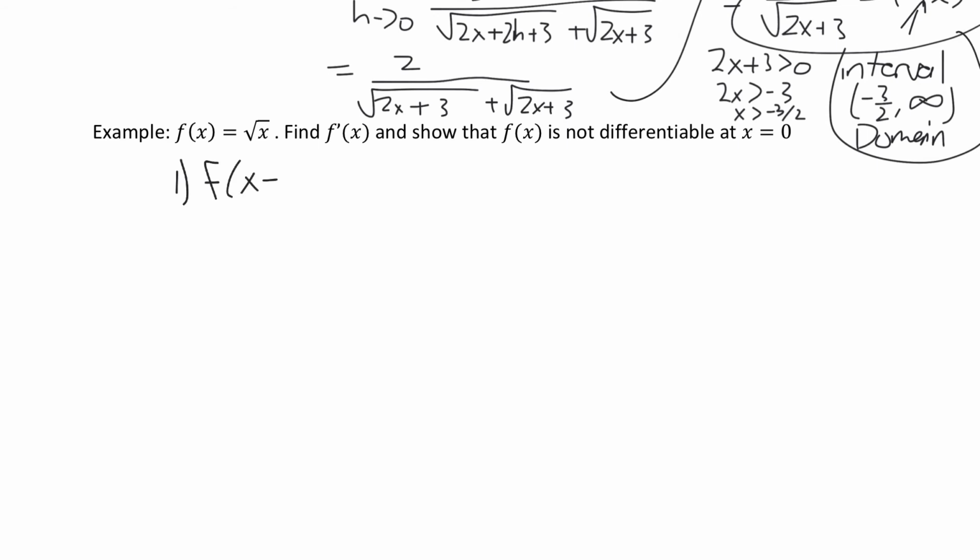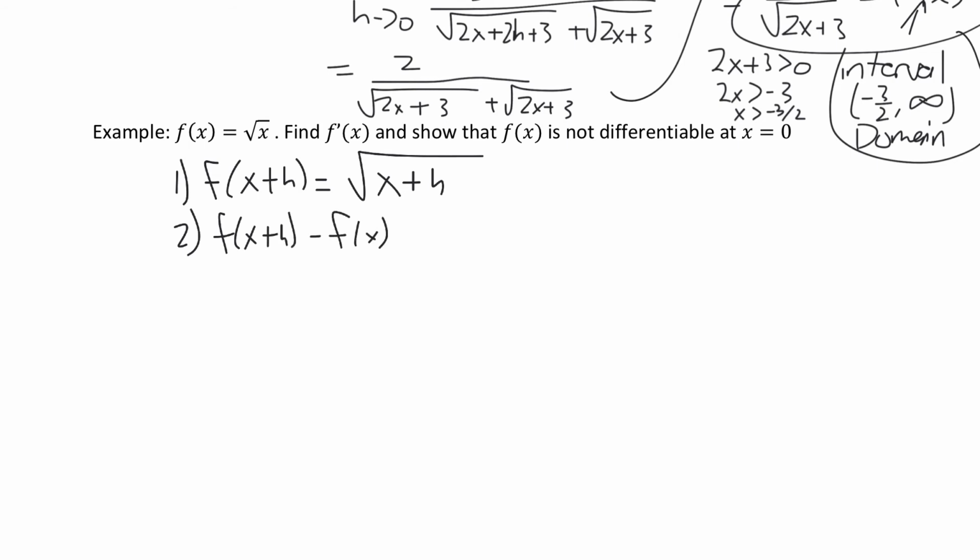We start off with x plus h, which gives us the square root of x plus h. Number 2, we do f(x plus h) minus f(x), which is root x plus h minus root x.